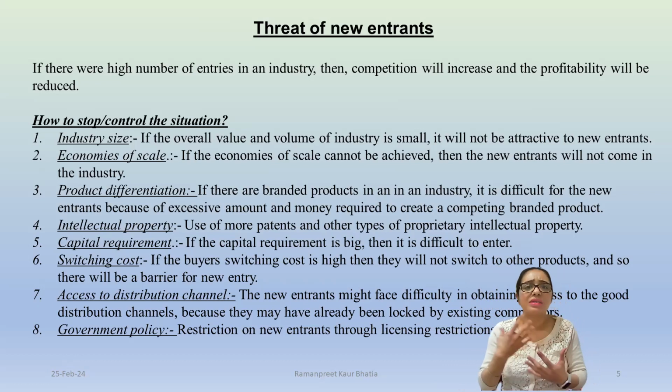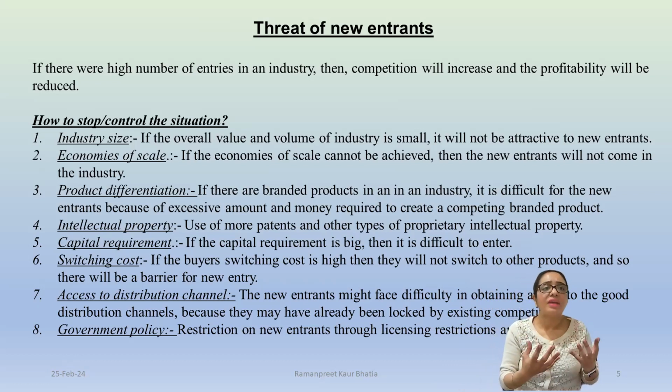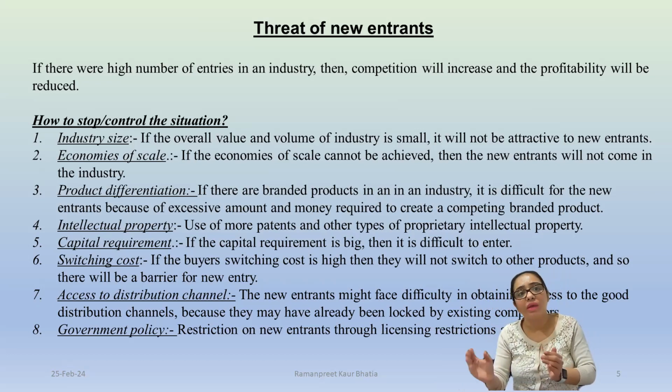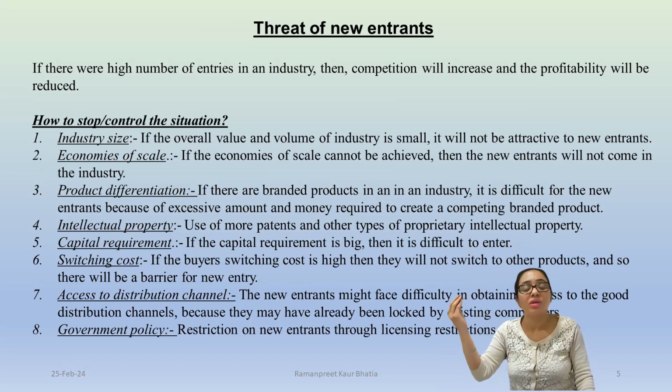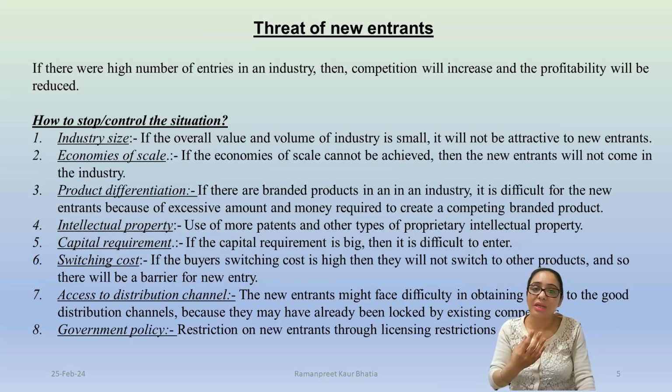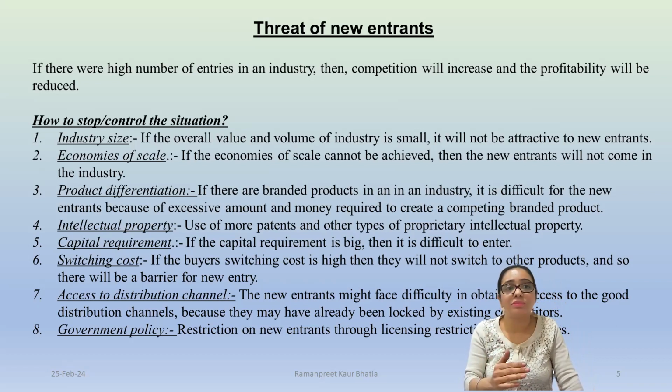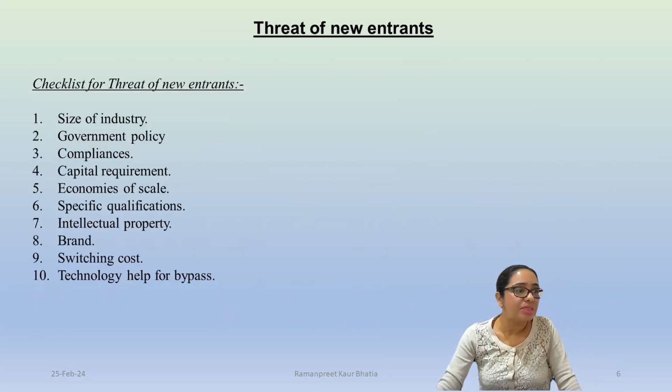So all these factors together affect the threat of new entrants. I have to analyze what is the trend. I have to analyze the profitability of the industry on the basis of this particular threat. And based on this, I will be making my strategy. Now, in the next slide, we are just seeing the checklist for threat of new entrants.